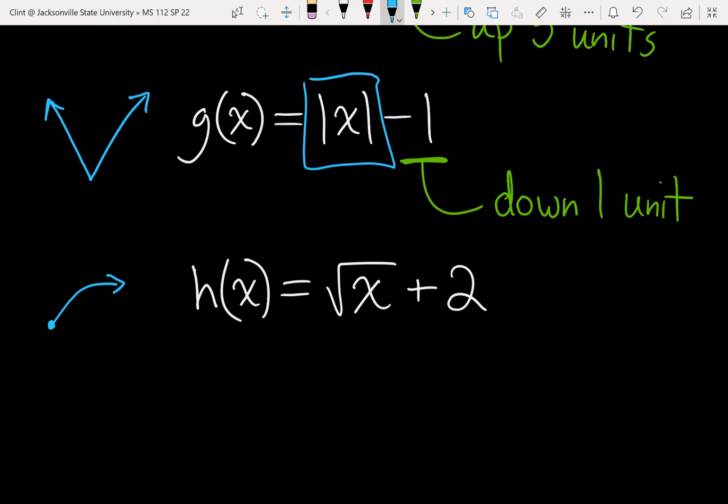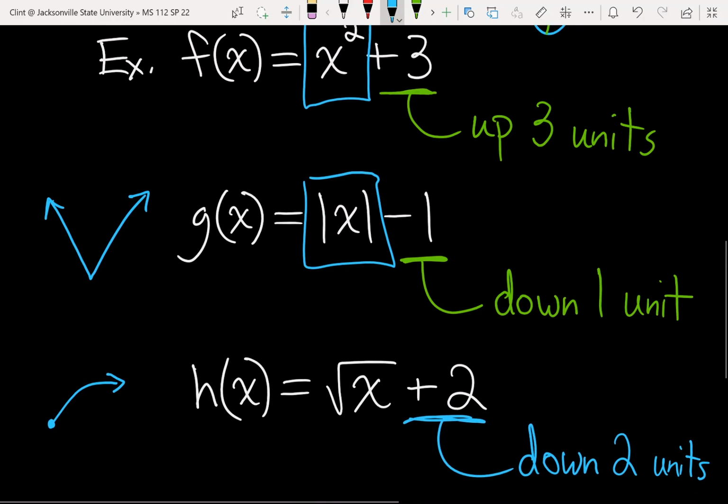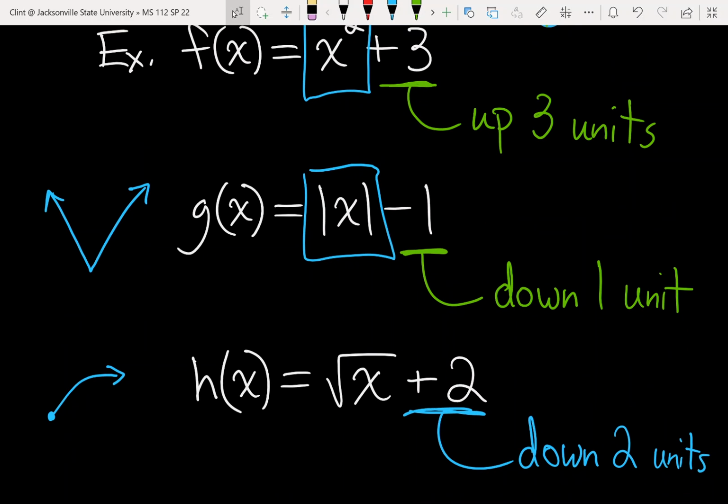Then we would have that graph, but it would be shifted up 2 units. So when you have your starting function, and outside of that function you have plus or minus some number, and it could be any number, positive values mean it's going up that much, negative values mean it's going down that much.